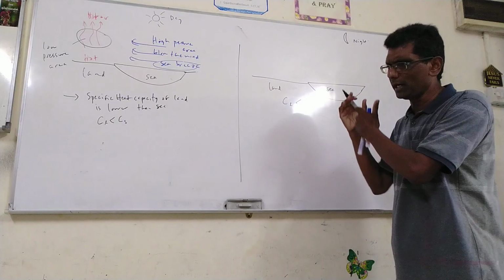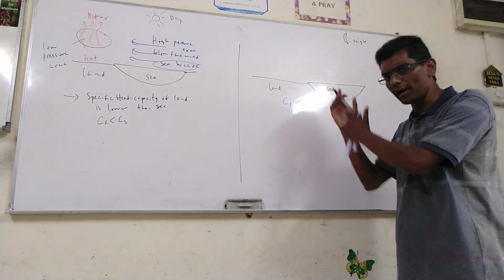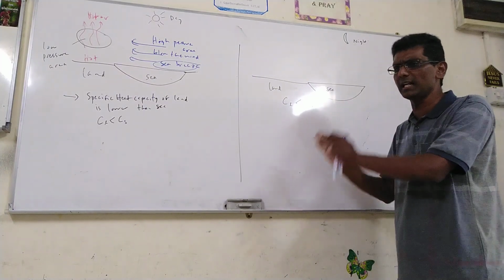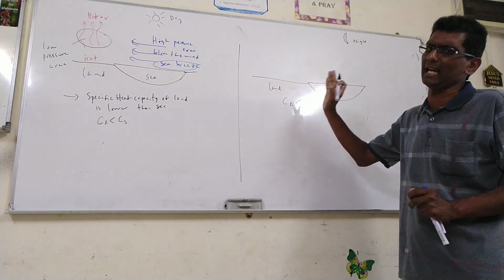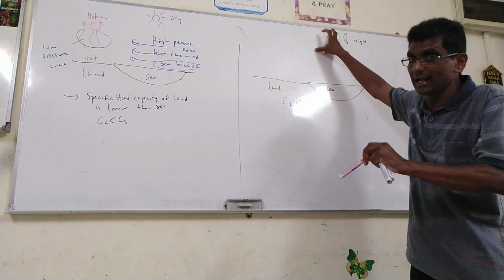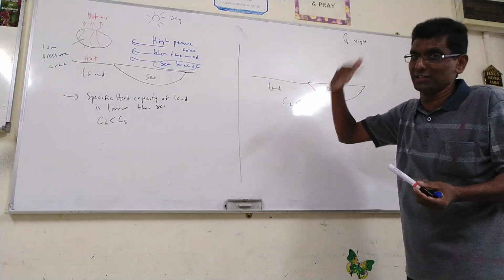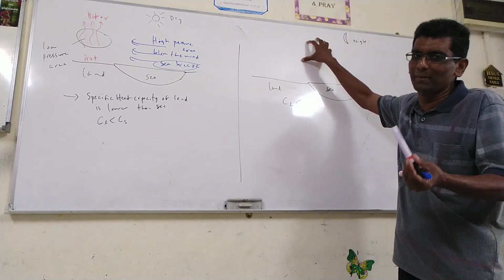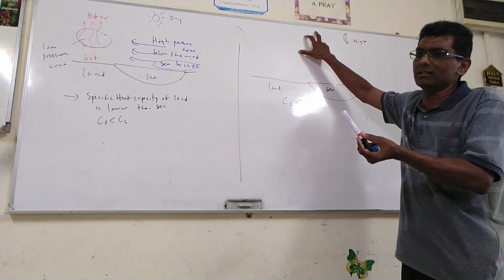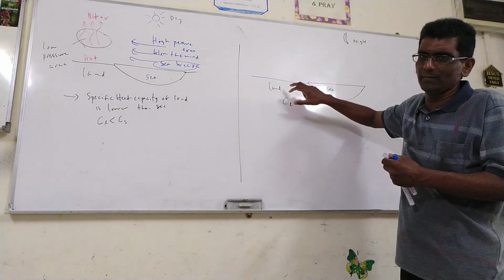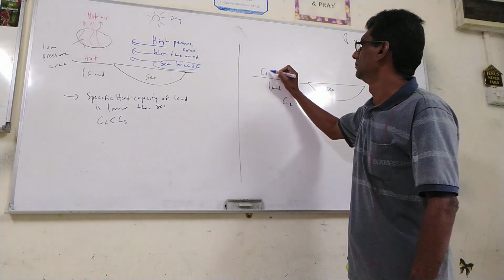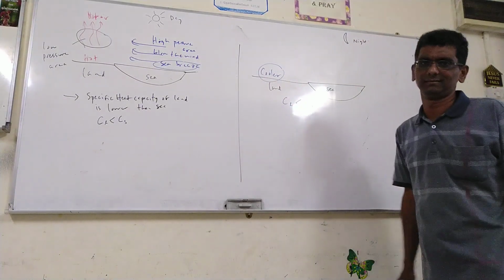Because land has low specific heat capacity and at nighttime there is no sun, no heat from the sun, the sun is not giving heat to the land. So the land cools down faster.